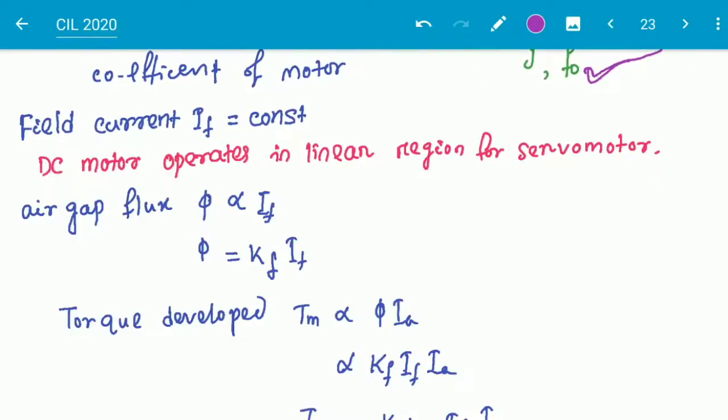Now the DC motor operates in the linear region for a servo motor. Hence the air gap flux phi is dependent upon the current for which it is produced. So phi is directly proportional to IF, and we can write phi is equal to Kf into IF, where Kf is the proportionality constant. Torque developed Tm is directly proportional to phi into Ia, that is armature current into field flux.